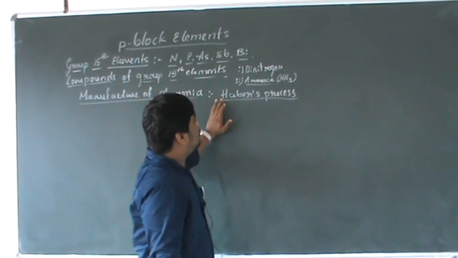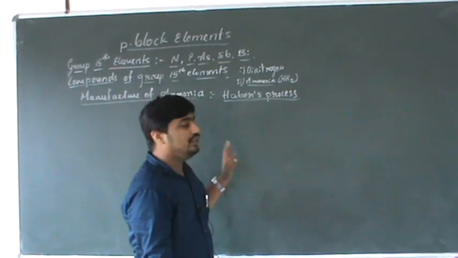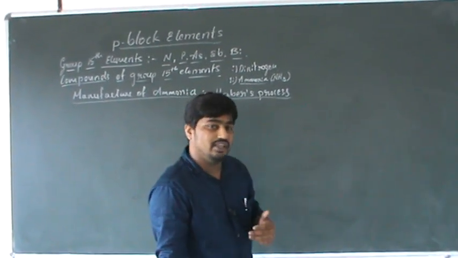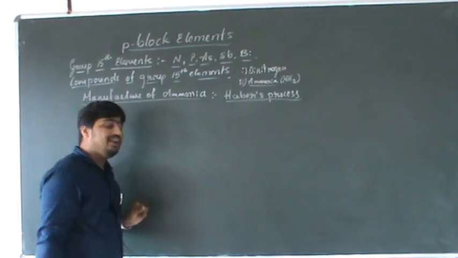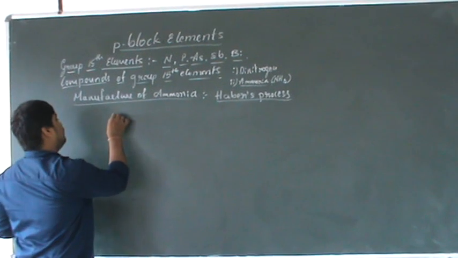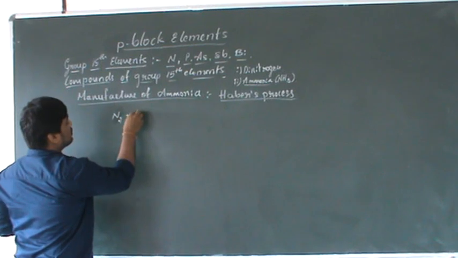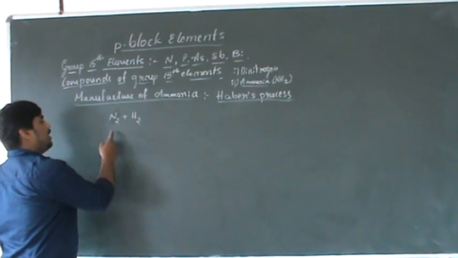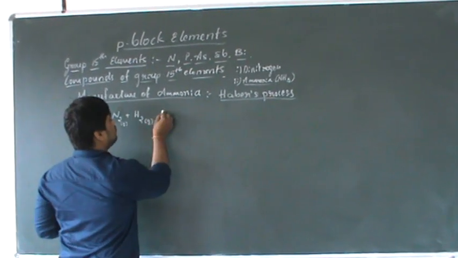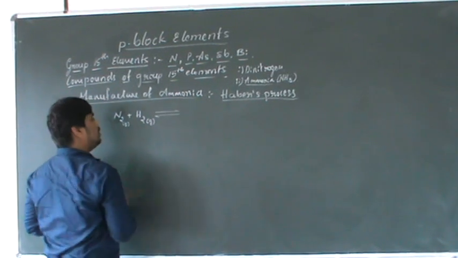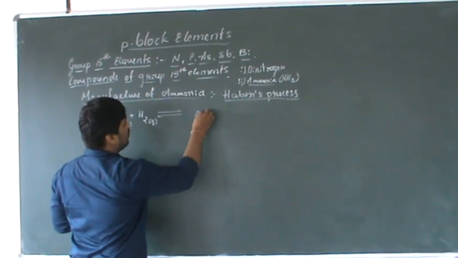So at the industrial level, we need the economical way. Hence, we require these conditions. What are the important conditions required to manufacture ammonia under Haber's process? First, I write the reaction. N2 plus H2: nitrogen in gaseous state and hydrogen in gaseous state combine under the important conditions and produce ammonia.